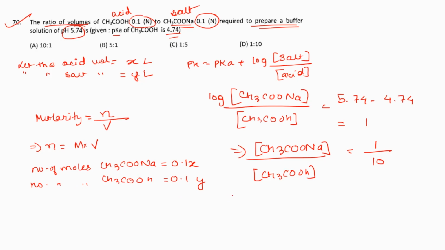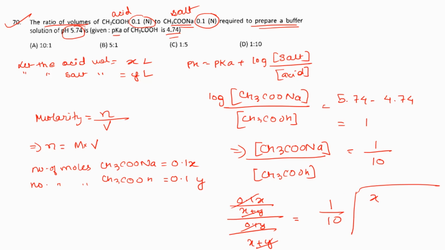So I'm just finding out the ratio of the volume. Now, how will I do that? It is N by V. So N is 0.1 x by total volume x plus y, by 0.1 y by total volume x plus y. That is 1 by 10. So if I just do the simplifications, I get x by y is equal to 1 by 10, means the ratio is 1 is to 10.